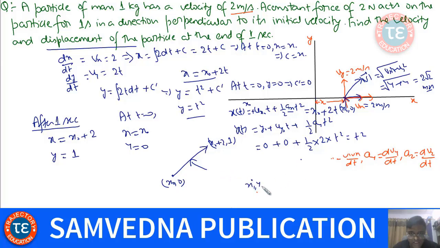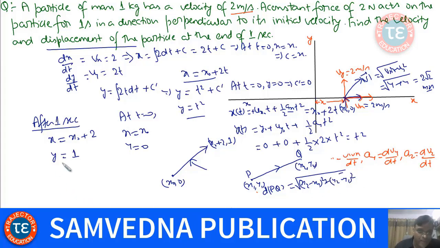So this distance is going to be, see, when body moves from say x1 y1 to x2 y2, then the straight line distance is going to be displacement. So displacement is given by under root, see, let's call it q, let's call it p. I'm giving a general formula. So dpq, displacement between p and q, or straight line distance between p and q, is given by root of x2 minus x1 whole square plus y2 minus y1 whole square.